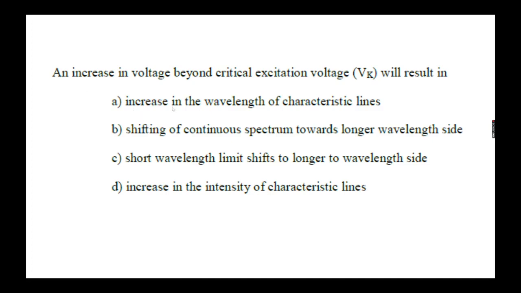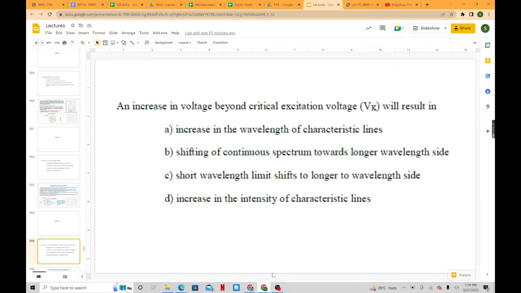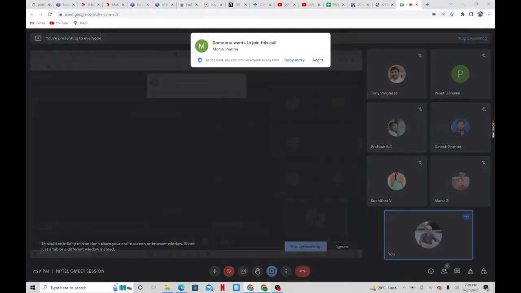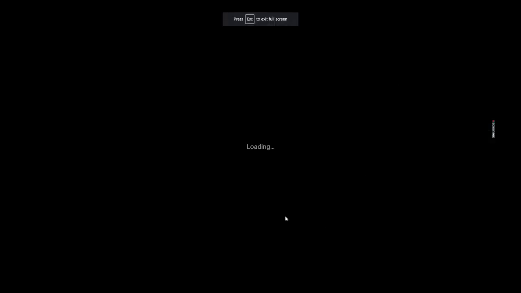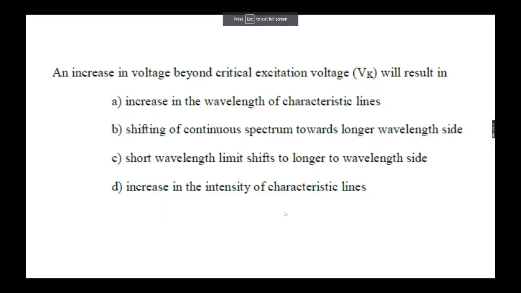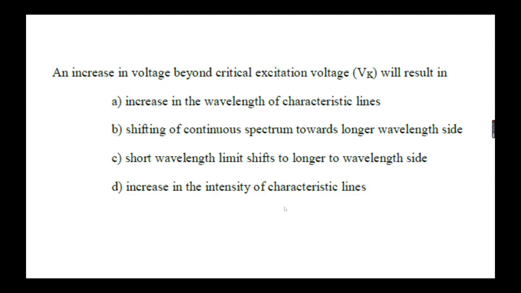No. And the increase in the intensity of the characteristic line? So it is D. Although I mistakenly wrote A, it will be D. It is not showing any shift of the continuous spectrum toward the longer wavelength side, and the short wavelength limit does not shift to longer wavelength side. It is the increase in the intensity of the characteristic line.